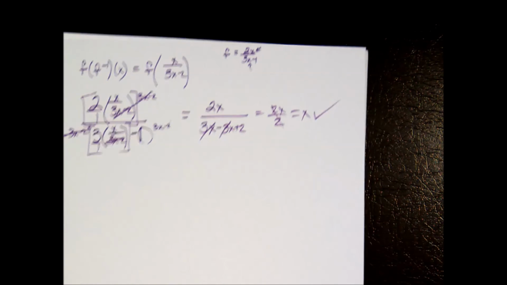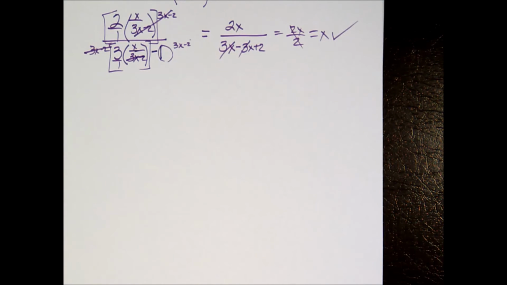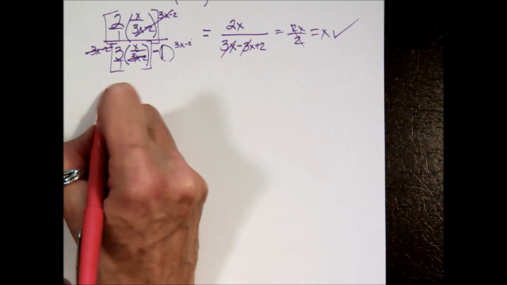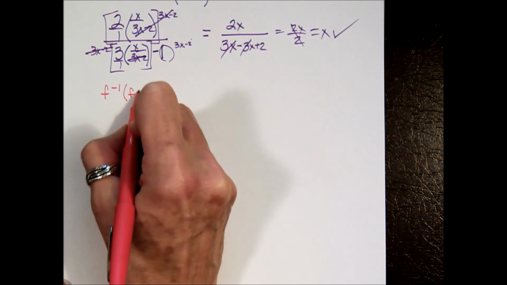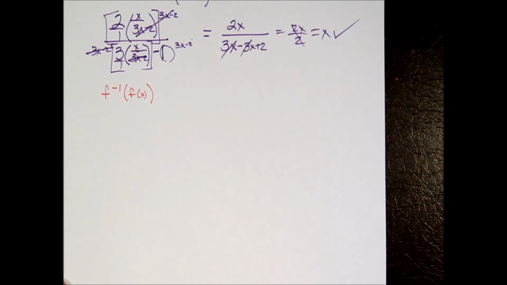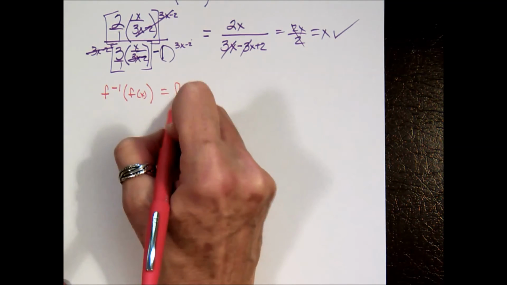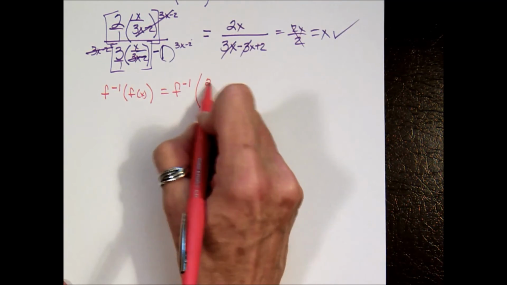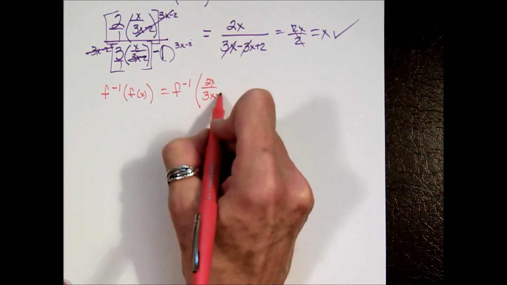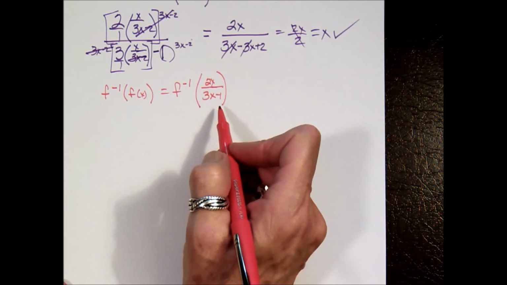Let's check it in the other direction. So in the other direction, in the composite, we want f inverse of f of x. That means f inverse of this, 2x over 3x minus 1, which means now we go to the inverse equation.